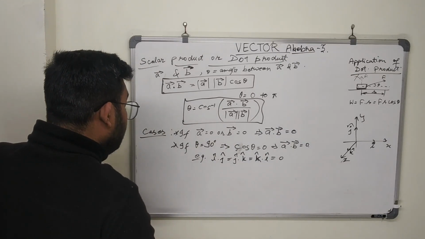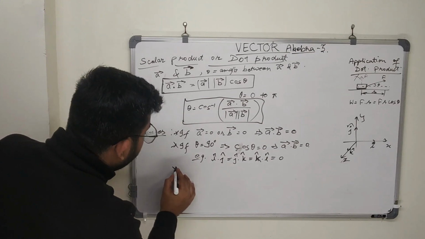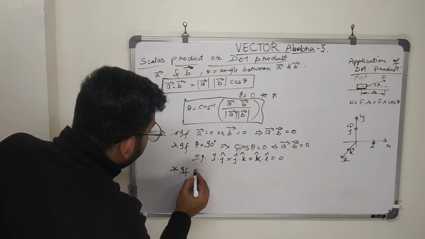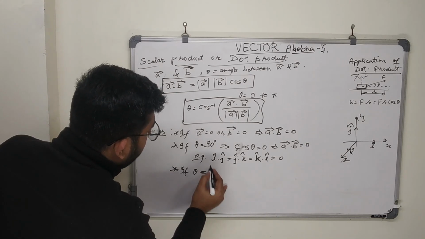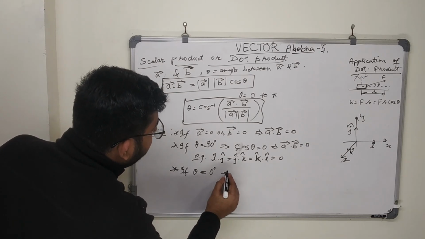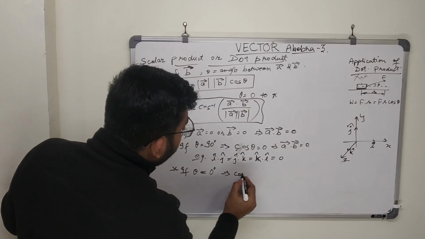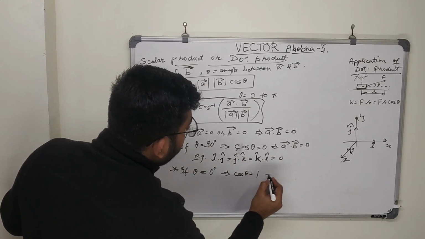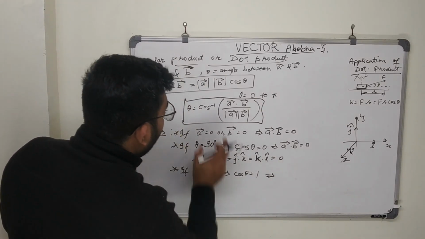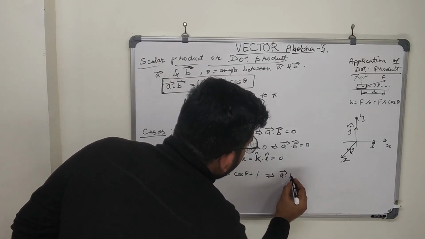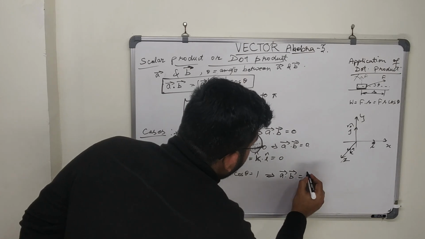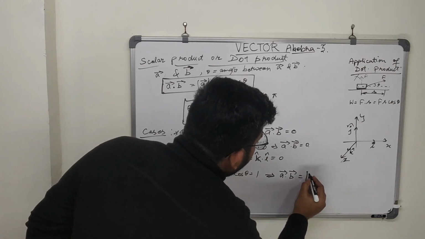Now the next case is, suppose that if theta will be equal to 0 degree, in that case cos theta will be equal to 1. So the dot product of A vector and B vector will be equal to magnitude of A vector into magnitude of B vector.